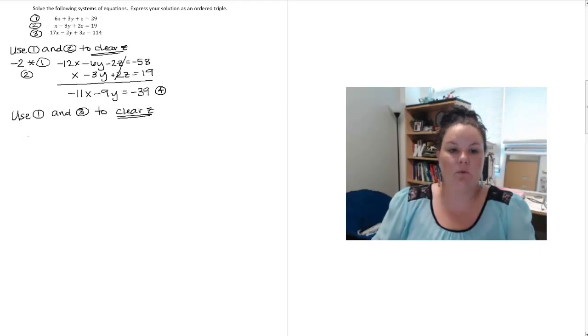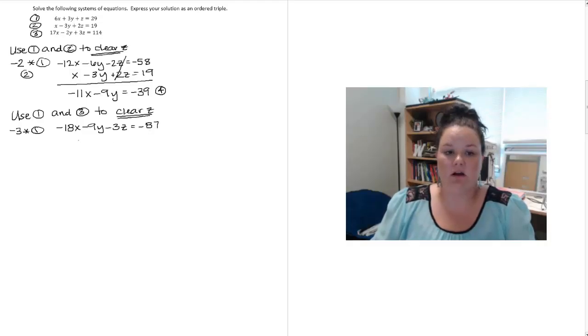Okay. So we already talked about how we need to multiply equation number 1 by -3. So if I multiply equation number 1 by -3, I'm going to get -18x minus 9y minus 3z is equal to -87.